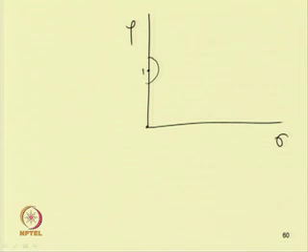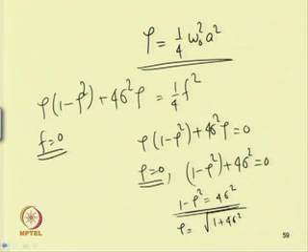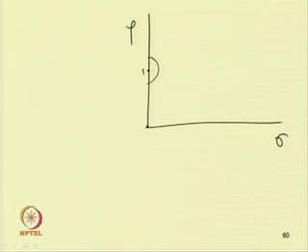So, one can get three solutions here. One branch will start near rho equal to 1 and the other branch will start from rho equal to 0. So, it will continue. One branch will be like this and the other solution will be this. For example, this value is for f square equal to 1 by 8.